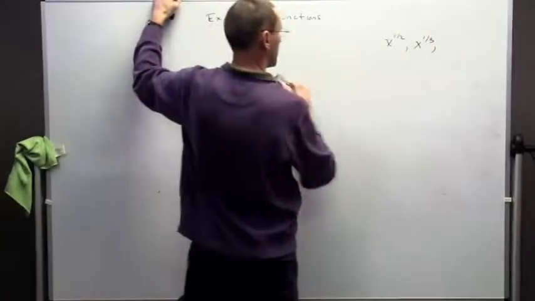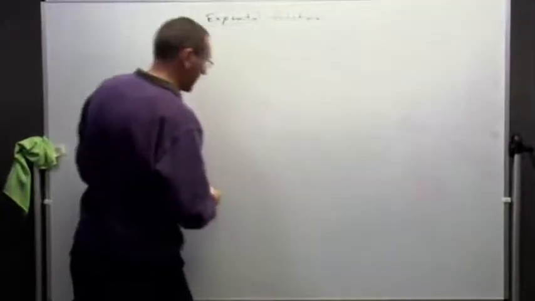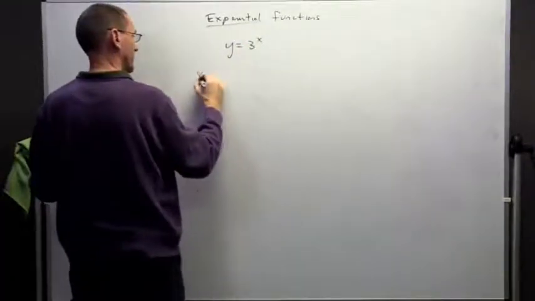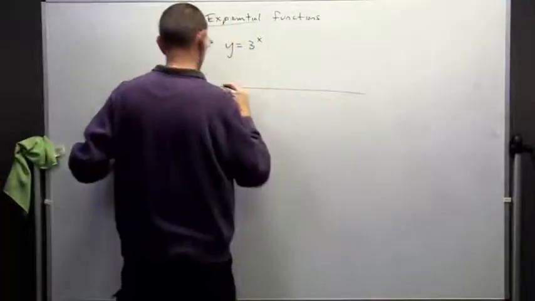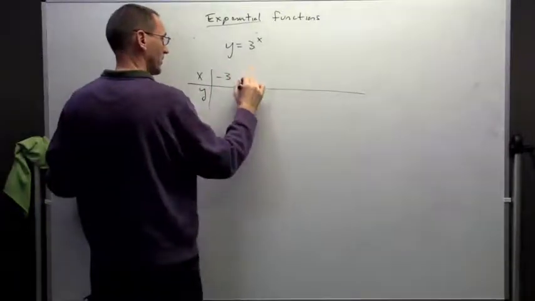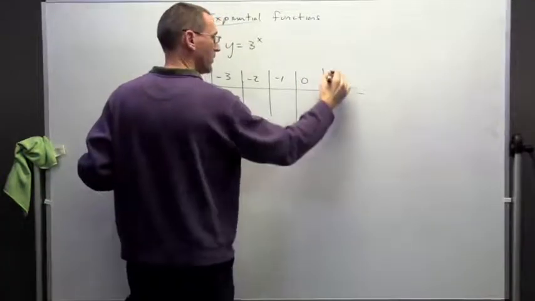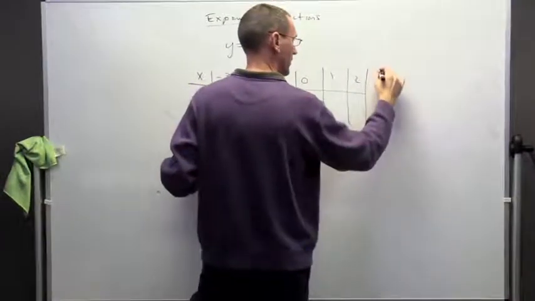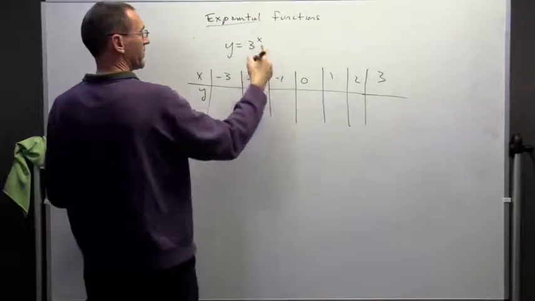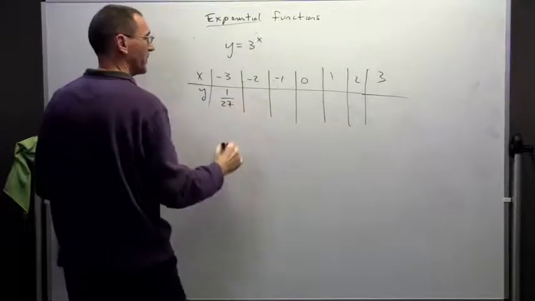Okay. So see if we can graph that thing. We're going to do our standard thing. We're going to build a table. Plug in different values for x, see what happens. So let's see, if I plug in x equals minus 3, I'm going to get 1 over 3 cubed, it's 1 over 27.